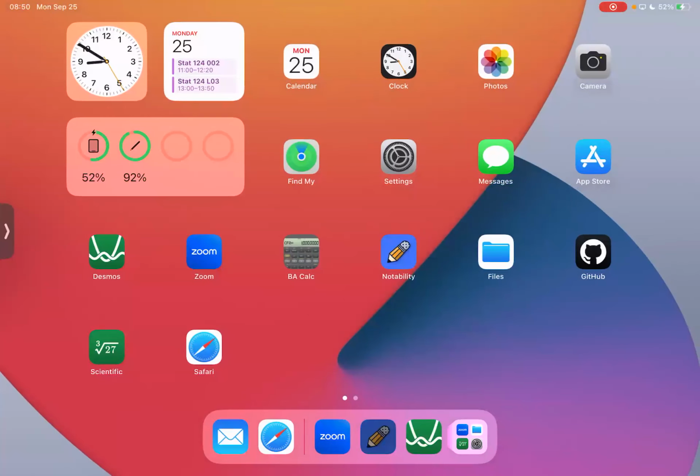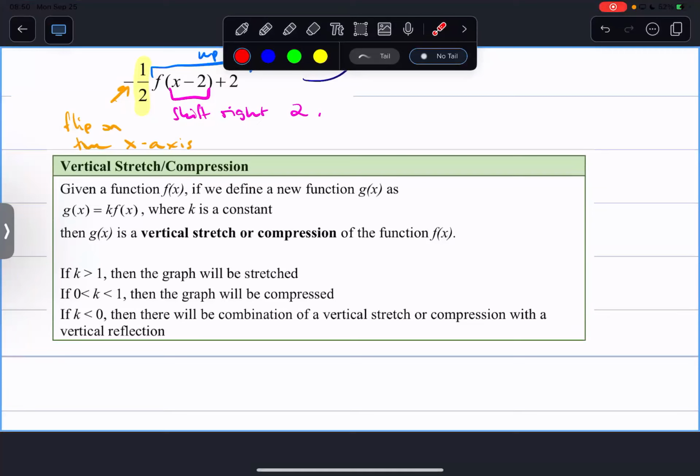I guess my qualm is either I don't know what stretched and compressed mean. Whoa. I would have thought this was stretched, but what if we're stretching like this and compressing like this? Oh, that's weird.